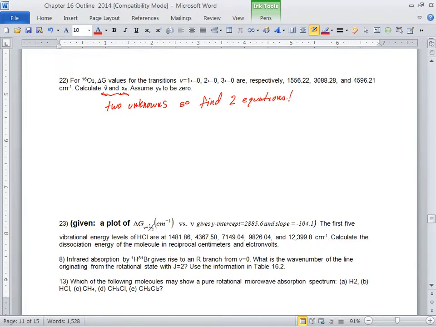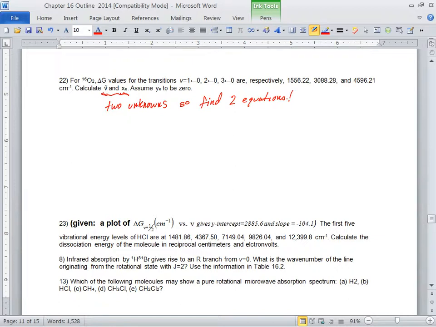Okay, what are they? I don't have the notes memorized, but I can. The delta G equation. It's those delta G equations, exactly. And I bet you those delta G equations have wave number and XE in them. Both of them do, right? They both do. So there we go. But we don't have the plus 3. Well, how many unknowns do you have? Oh, just 2. So you don't even care. Okay, cool.